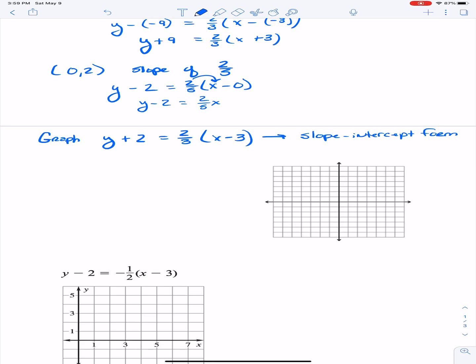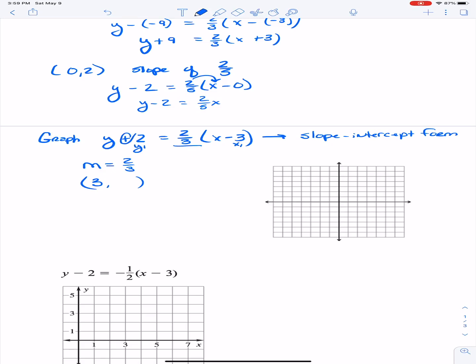First of all, we know the slope, so we know our slope is 2/3. We also know one of our points. So let's look. Isn't this x1 and this is y1? So we know our x is 3. Now we have a problem with our y1 because of this positive.